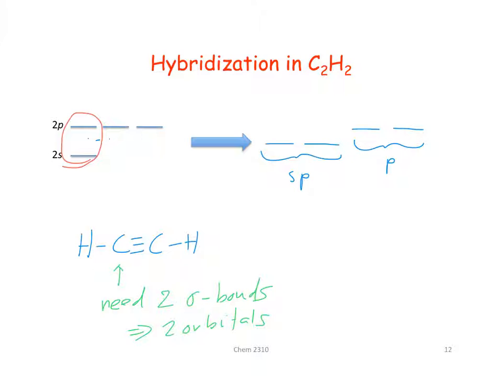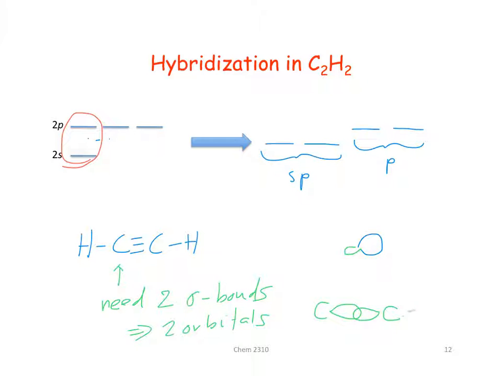Again, just like before, the sp orbitals look similar in that they have 1 big lobe and 1 small lobe. The difference now is that they're going to be 180 degrees apart. Each one of these, we could draw this out, is going to have this orbital here.